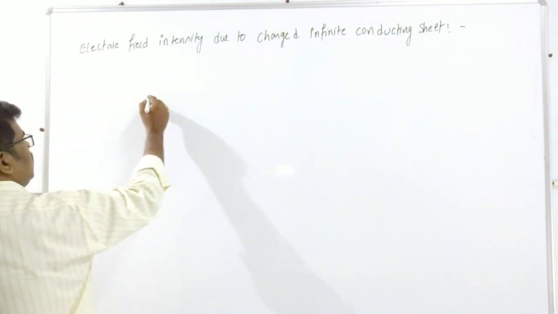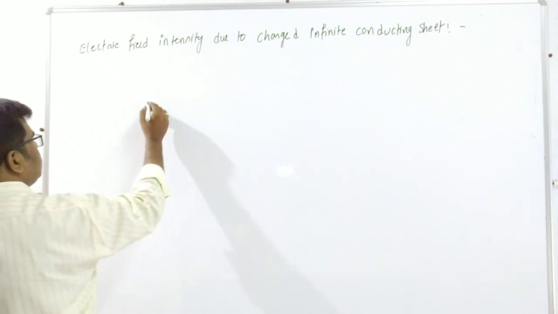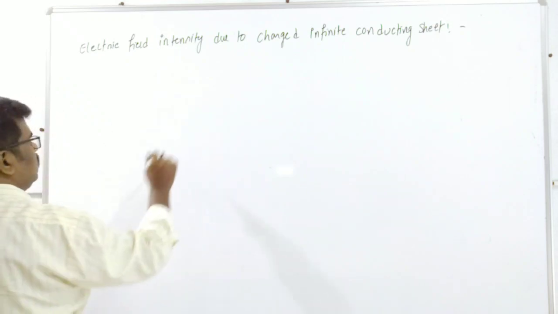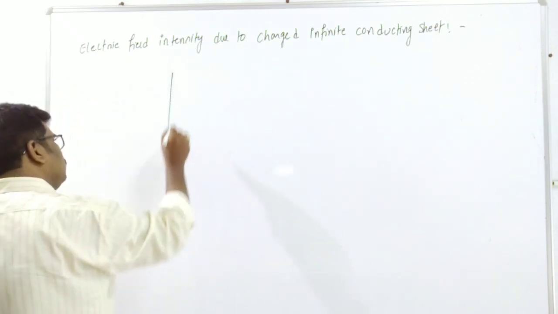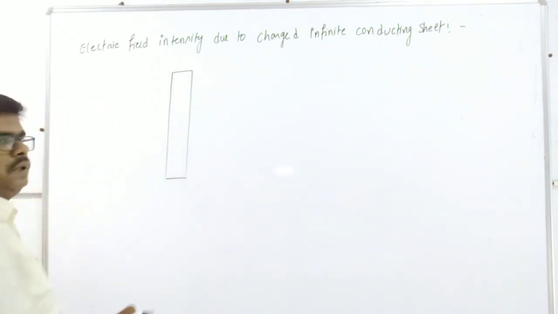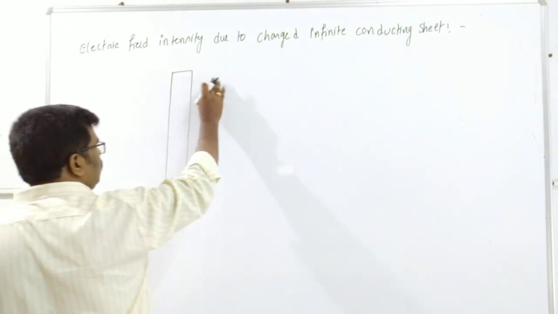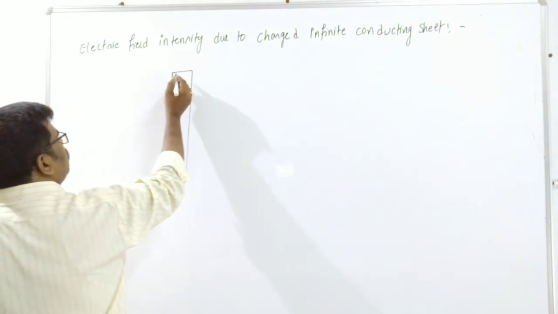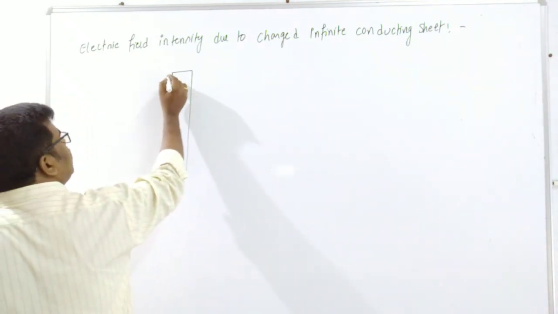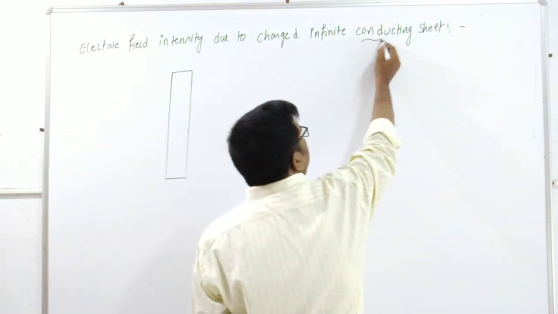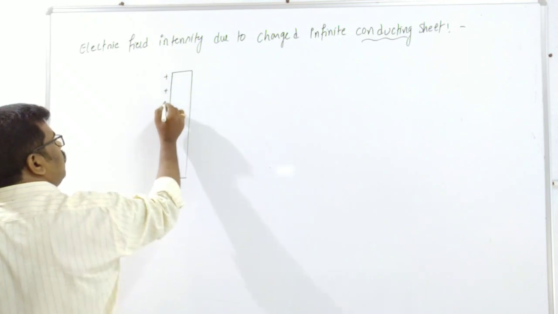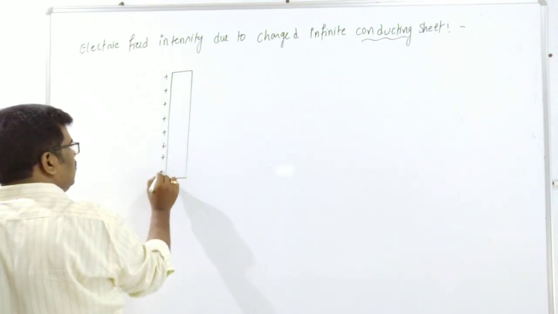We have a conducting sheet like this. This is the conducting sheet, and if the charge density is sigma, whenever a charge is given to this body, what will happen? Because it is a conducting body, the charge will reside over the surface.